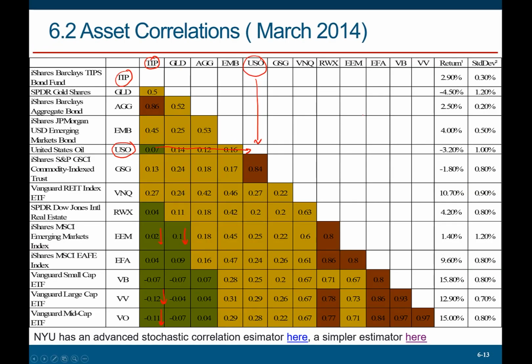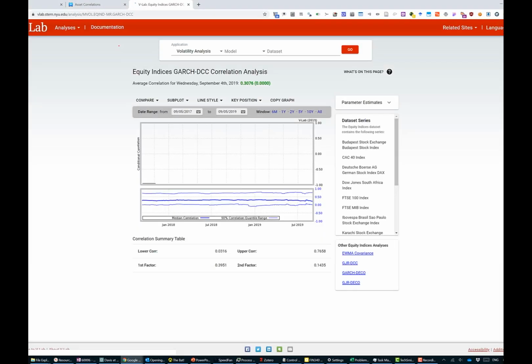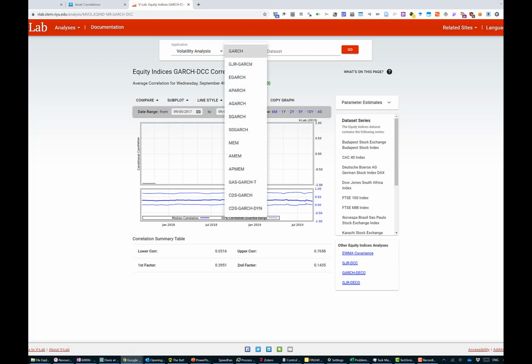Right. So then we have an advanced stochastic correlation estimator here. I usually don't cover that in class. I used to cover that in 2014, 2015. That's basically another way to calculate something called stochastic correlations. Correlations that change over time.